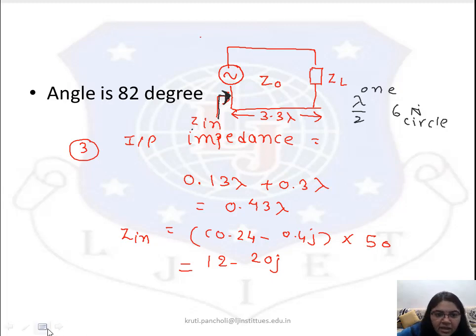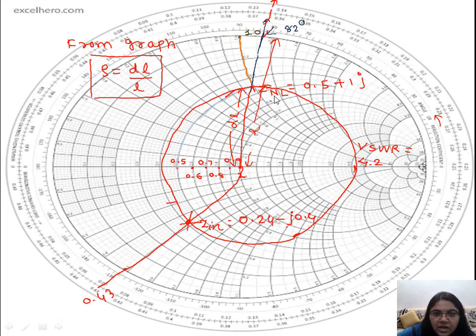So what I will do is move the 3 circles. While I am moving the 3 circles, what should I have? I have this value of lambda at this point, and I need to extend this line towards here.